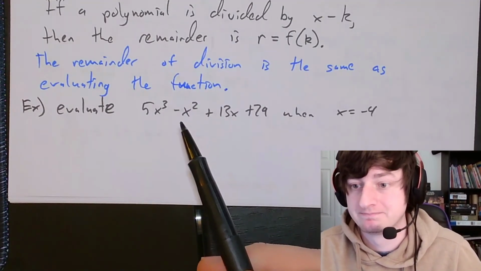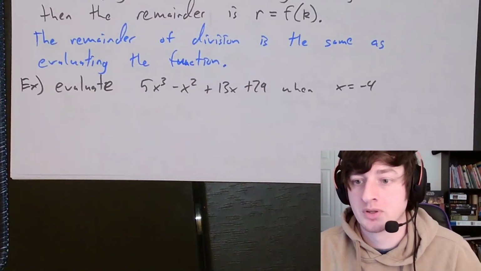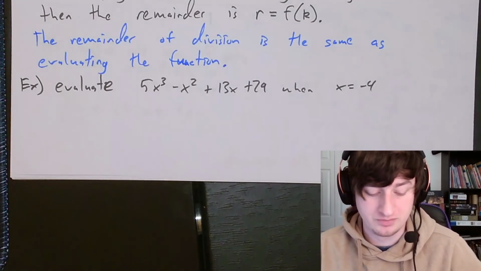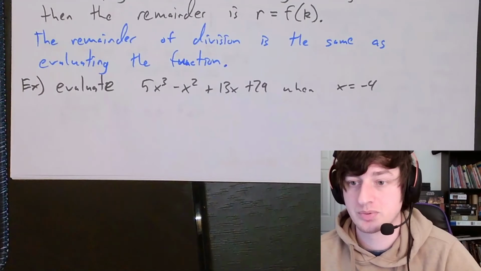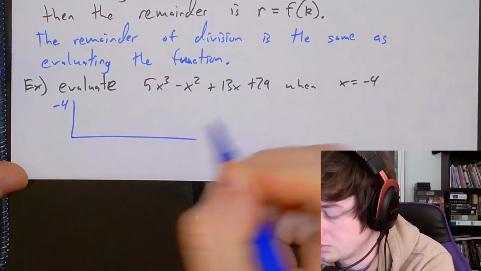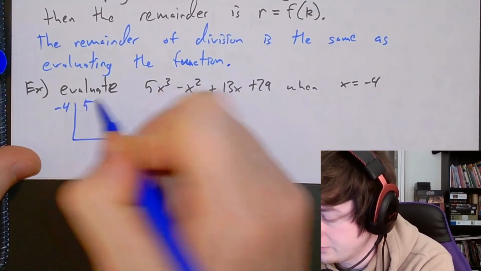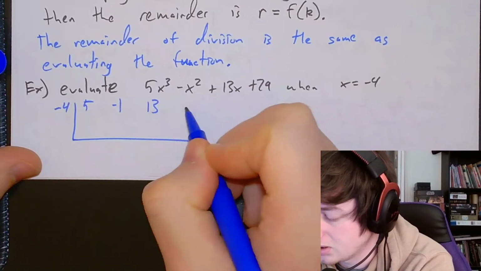Don't do that. Instead, just do the synthetic division using negative 4 and this problem. Negative 4 into 5x cubed minus 1x squared, 13x, and a 29.